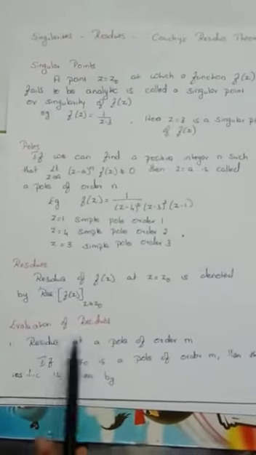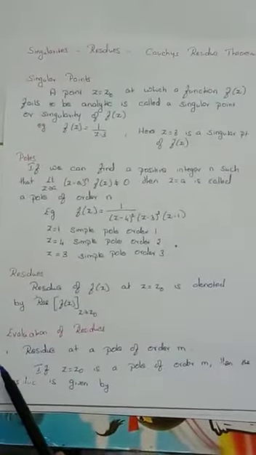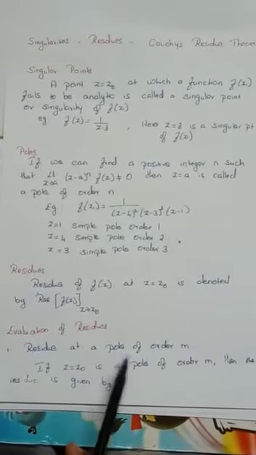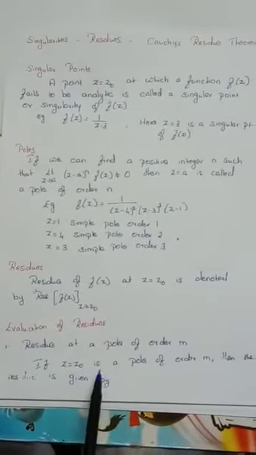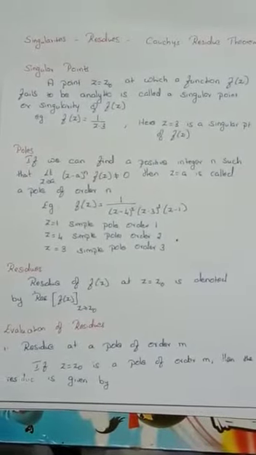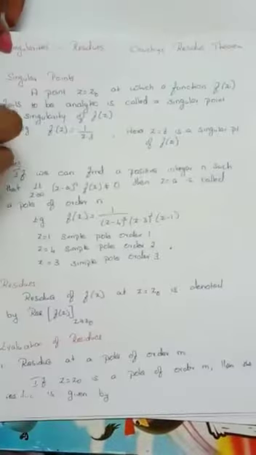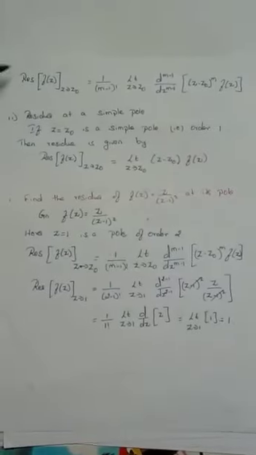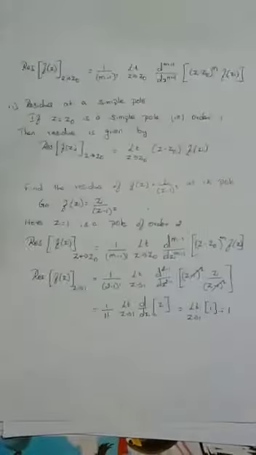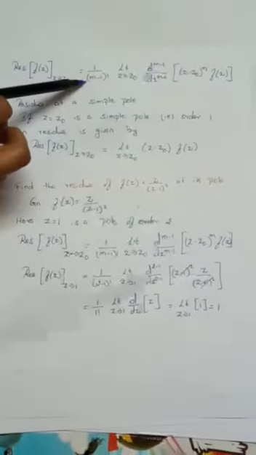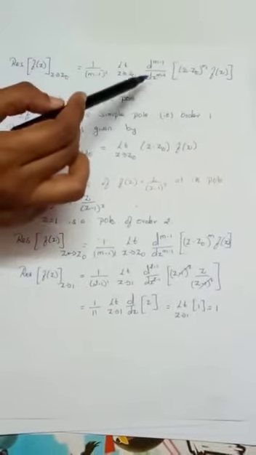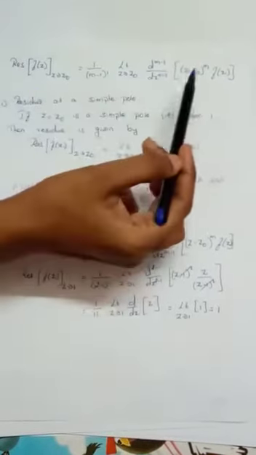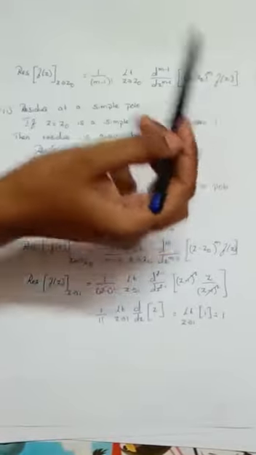Some of the evaluations of residues: if you need to find the residue at a pole of order m, then if z is equal to z0 is a pole of order m, the residue of f of z at z tending to z0 is equal to 1 by m minus 1 factorial limit z tends to z0 d power m minus 1 divided by dz power m minus 1 of z minus z0 whole power m f of z.